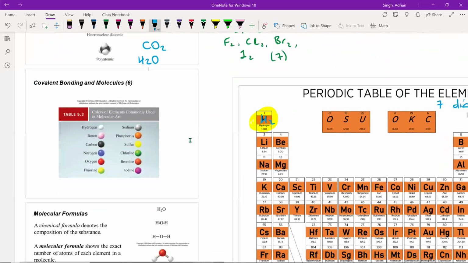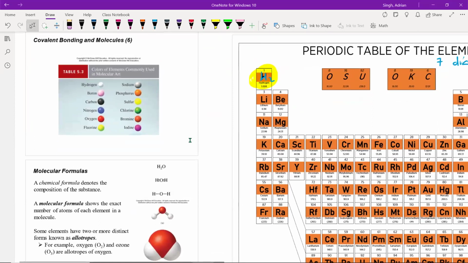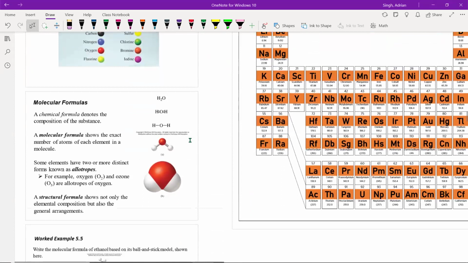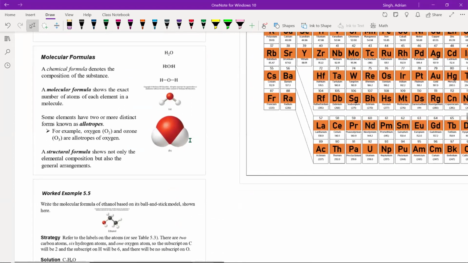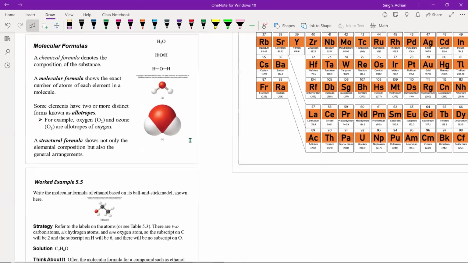So when we represent our formulas for our compounds, there are several different ways by which formulas can be represented. We're going to touch on a few of them right now. We have what are known as chemical formulas, and we've been dealing with chemical formulas all up until this point, right? They give us the ratio of the elements to each other.